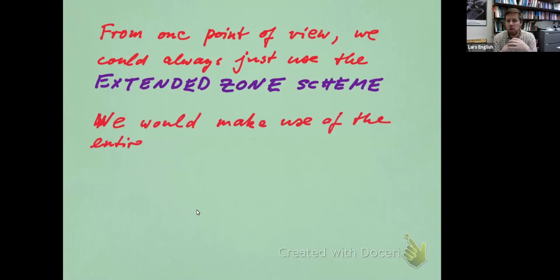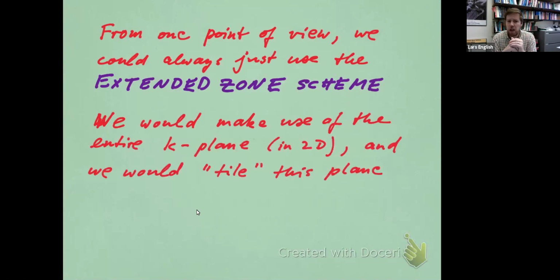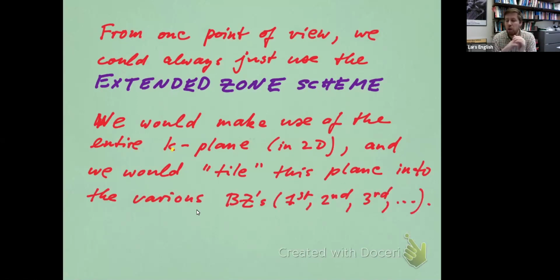We would then make use of the entire K-plane in 2 dimensions, and we would sort of tile this plane into the various Brillouin zones. So the first zone, the second zone, third zone. We will soon see how that plane gets tiled into these different zones. And it's quite elaborate.